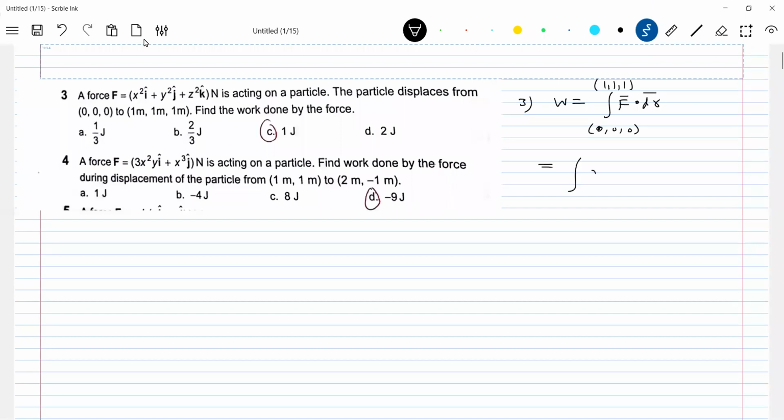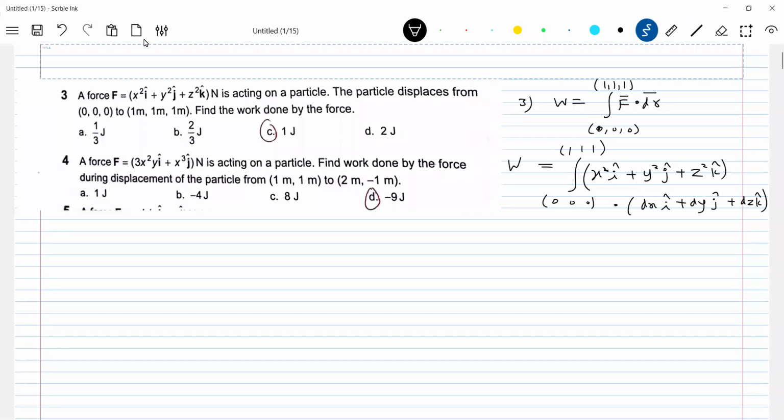So write the expansion of this: x square i cap plus y square j cap plus z square k cap, dot, what is dr bar? dx i cap, dy j cap, dz k cap. So the limits are 0, 0, 0 to 1, 1, 1.